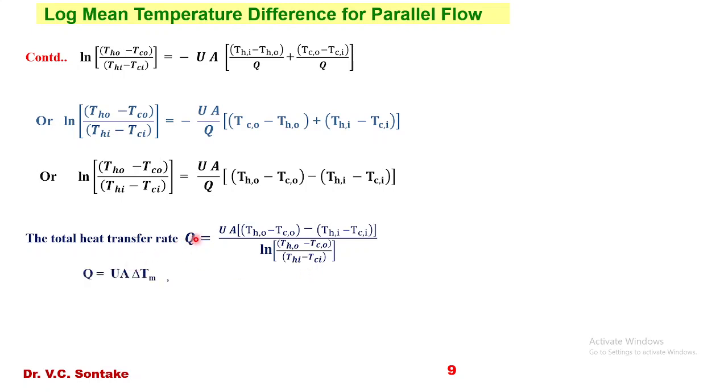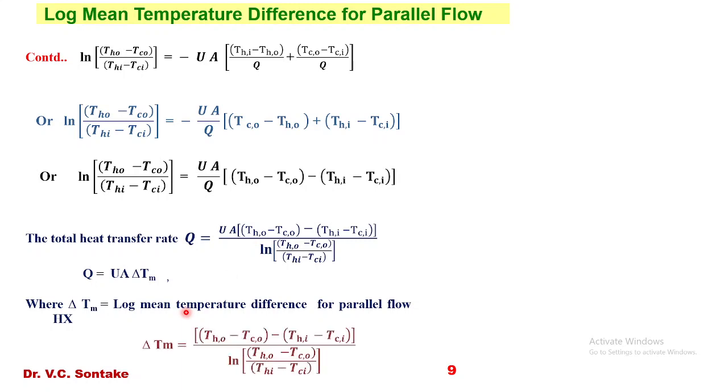If I compare this equation with Q is equal to UA into delta Tm, I will get delta Tm, that is the log mean temperature difference for parallel flow heat exchanger. Let us compare these two expressions.